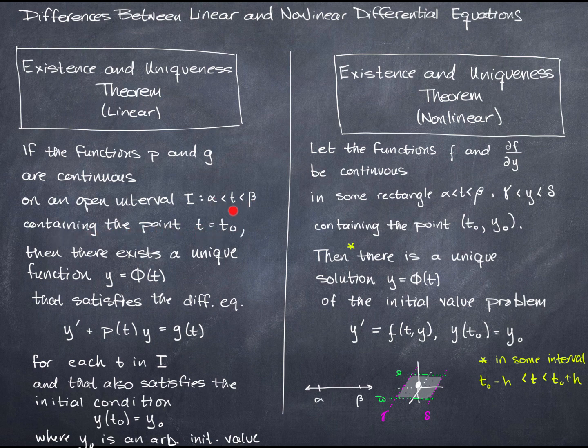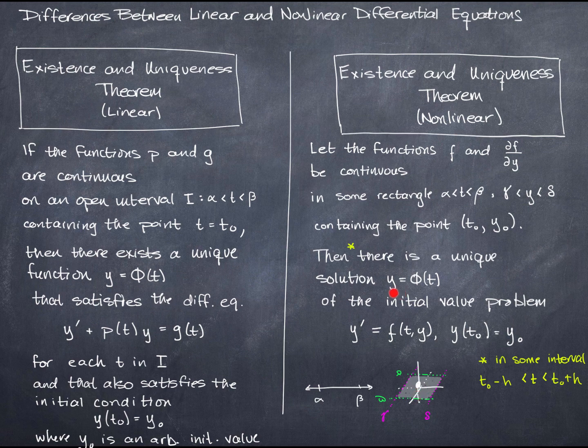So t can be anything between alpha and beta, and one of the things between alpha and beta is this specific value t naught. In this case, that solution is in this interval here. And remember that the white highlighted rectangle here is where the functions are continuous.